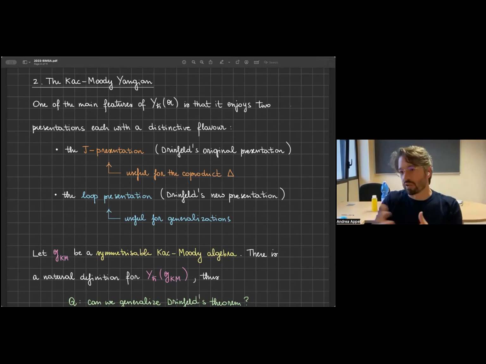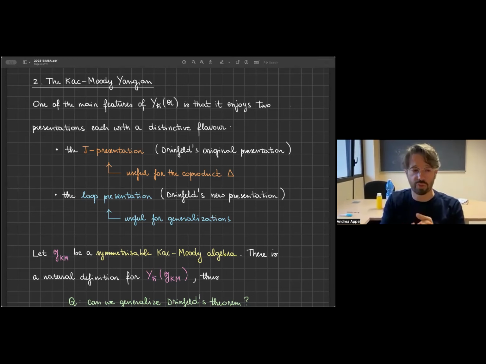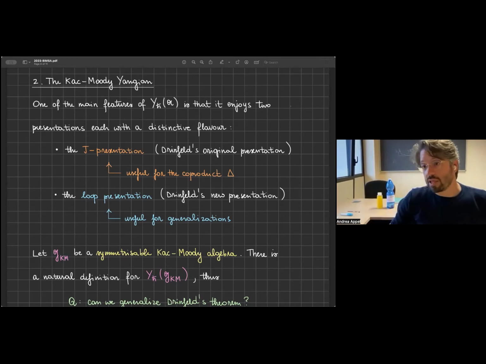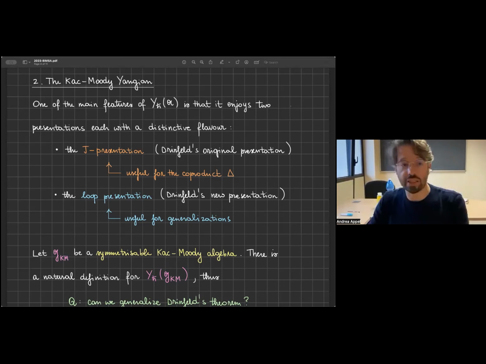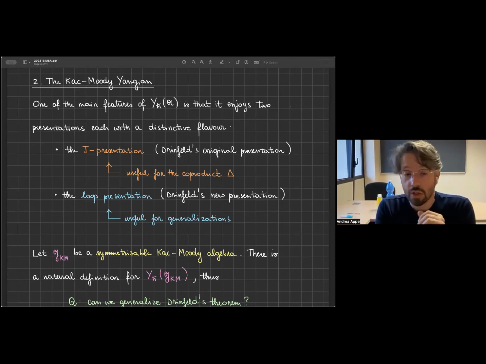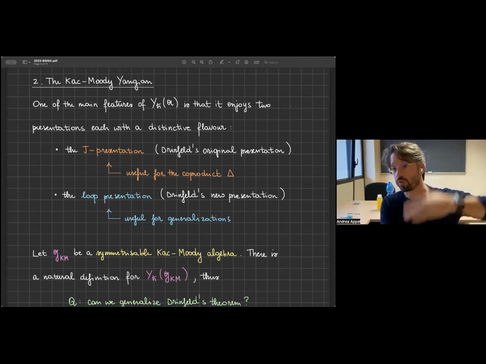And then at some point Drinfeld introduced another presentation, the so-called Drinfeld new presentation, which is somewhat a loop presentation, which is what I was mentioning before with Bart. This loop or current presentation is much easier to generalize to different Lie algebras, essentially moving from finite dimensional simple Lie algebras to, for example, symmetrizable Kac-Moody.